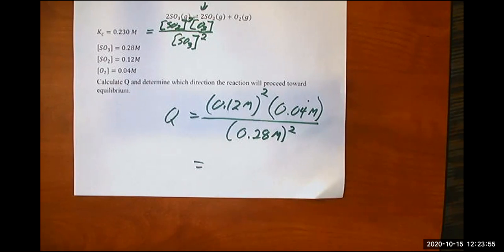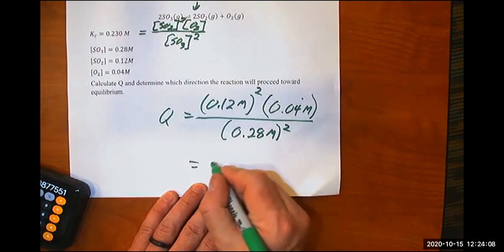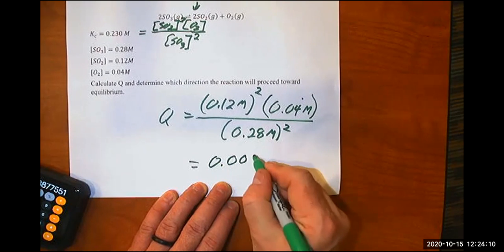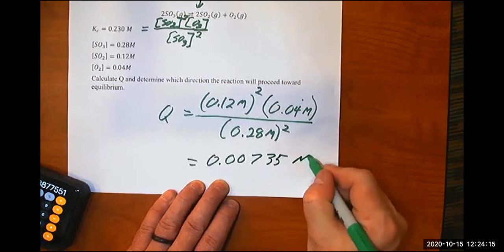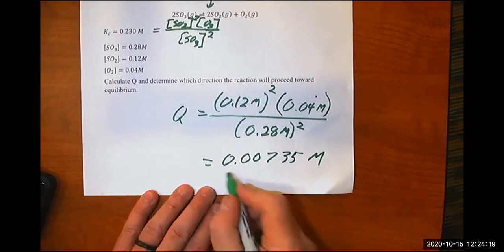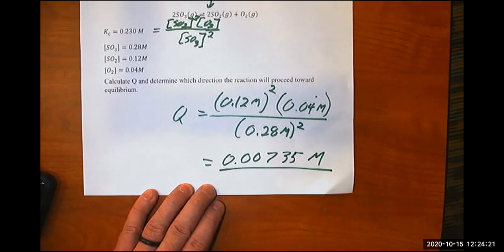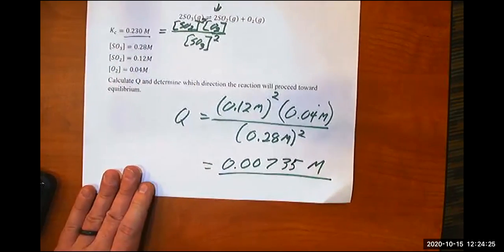I can't type apparently. 0.12 squared times 0.04 divided by 0.28 divided by 0.28. So I got, and this agrees with what the chat came up with, 0.00735 molar.